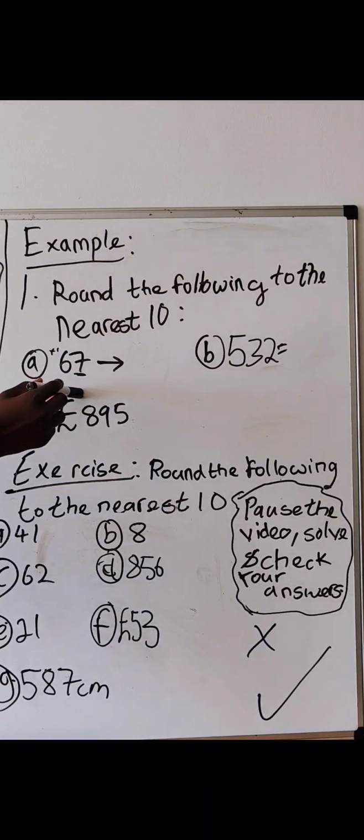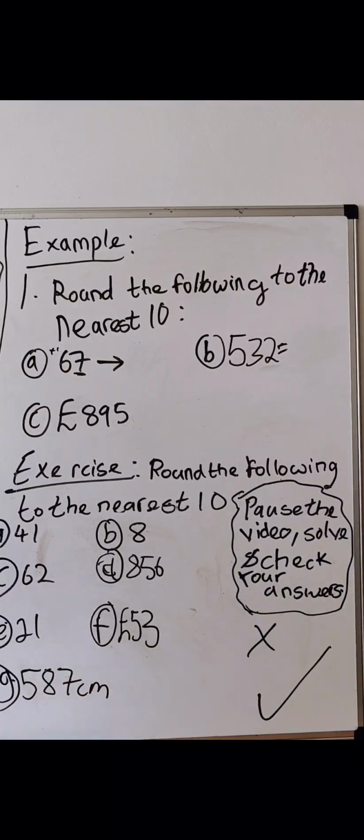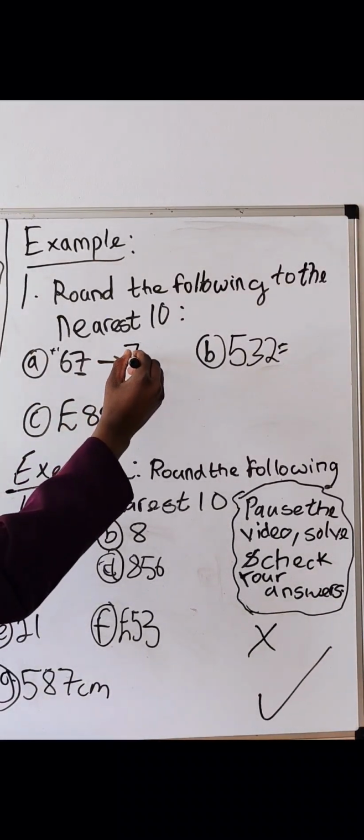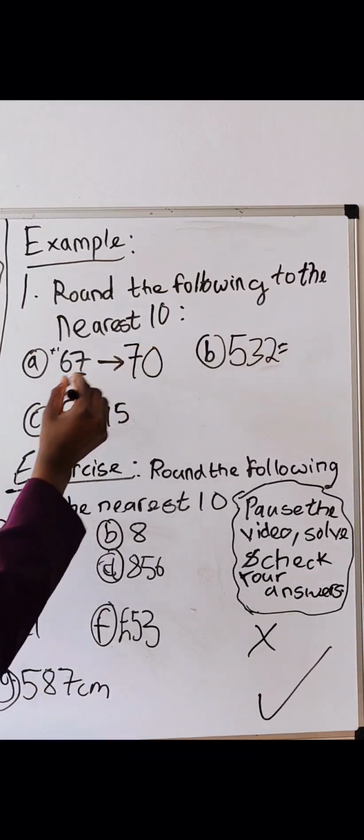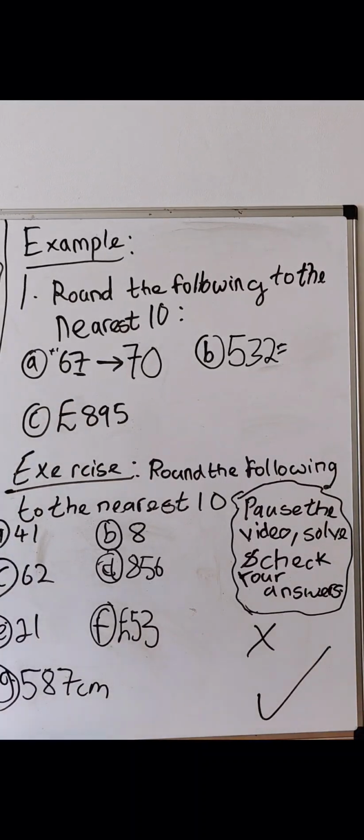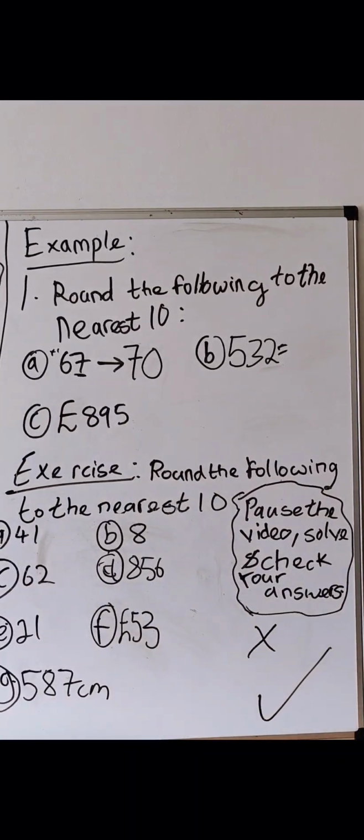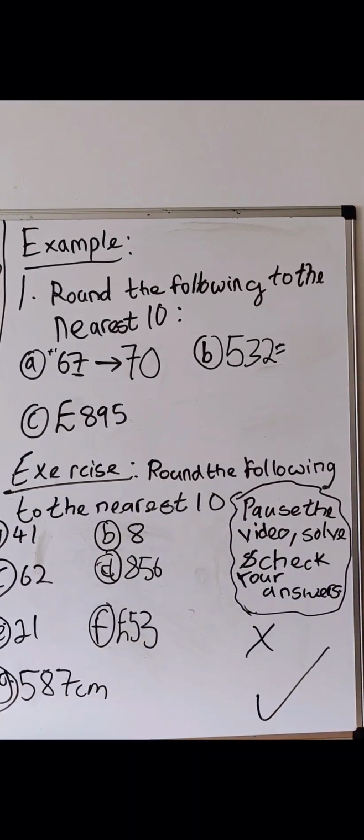So this turns to 0, we add 1, which makes it 70. So the rounded number of this 67 is 70 if we round it to the nearest 10.